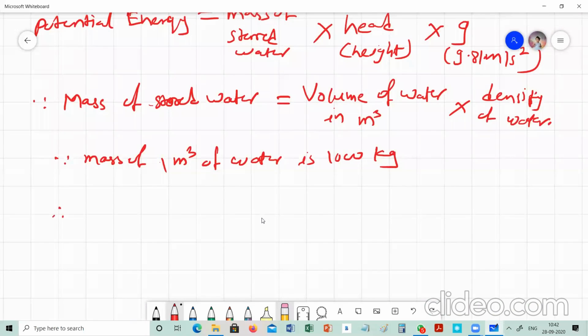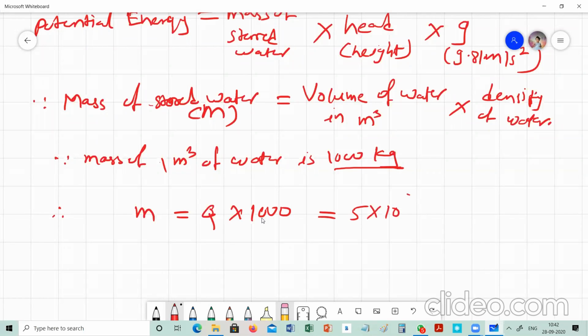Therefore, mass of stored water, I will use the symbol small m, will be equal to volume of water, Q, into density of water, 1000. Q's value is given as 5 into 10 raised to 6, so 5 into 10 raised to 6 into 10 raised to 3 is equal to 5 into 10 raised to 9.